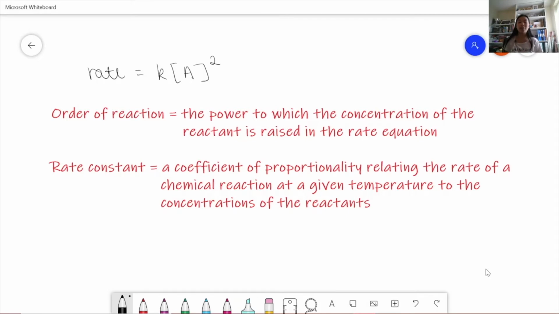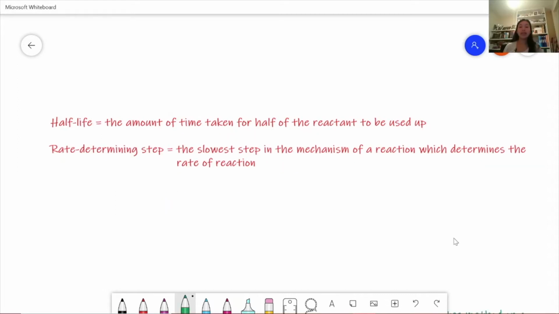And this is because this is the power to which the concentration of A is raised. And then the rate constant, which is k, is a coefficient of proportionality relating the rate of a chemical reaction at a given temperature to the concentrations of the reactant. So these are the other definitions that you need to know for this topic.